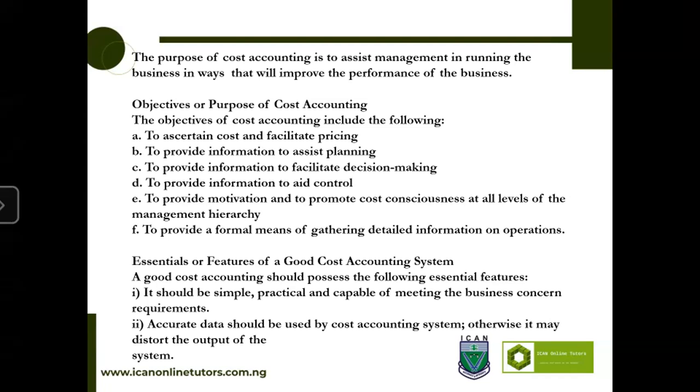Most of the cost accounting, like we said earlier, is used in the production processes. It is used in an organization that engages in manufacturing products. Obviously, we have done in our schools, even in our secondary schools, departmental accounting and manufacturing accounting.